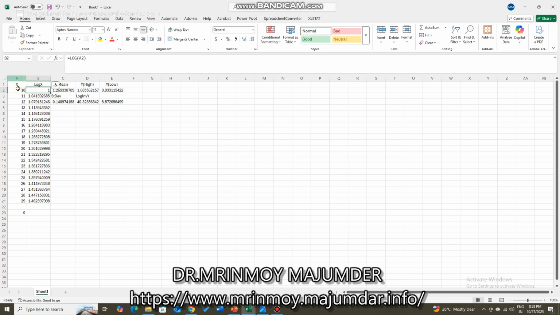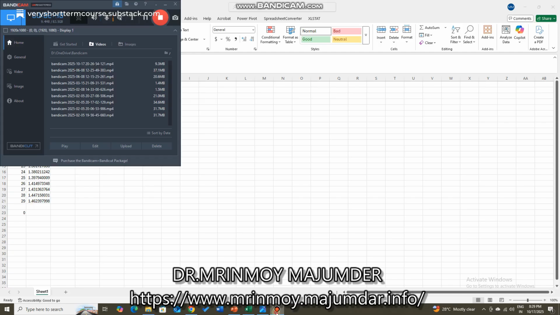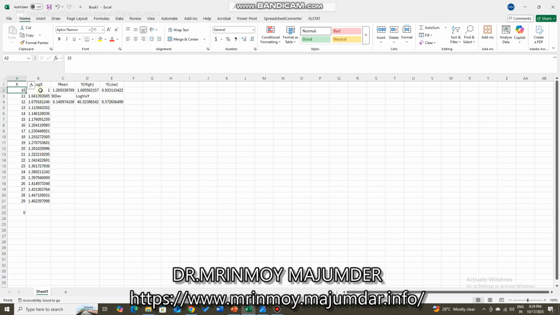Log A2 means A2 is this value, and log of A2 is given here. It is 1. Log of 10 is 1, because we will use the normal logarithm, that means log with base 10. Always use that in this case. So log base 10 of 10 is 1, log base 10 of 11 is this value, and so on.